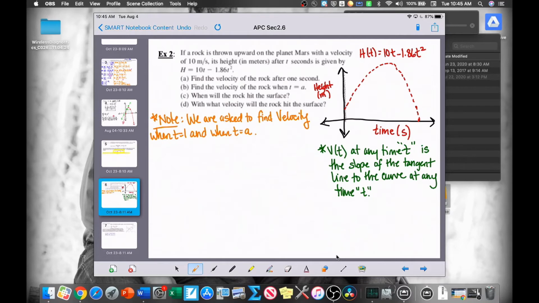It makes more sense to do part B first. Then we can use the result from part B to find part A.